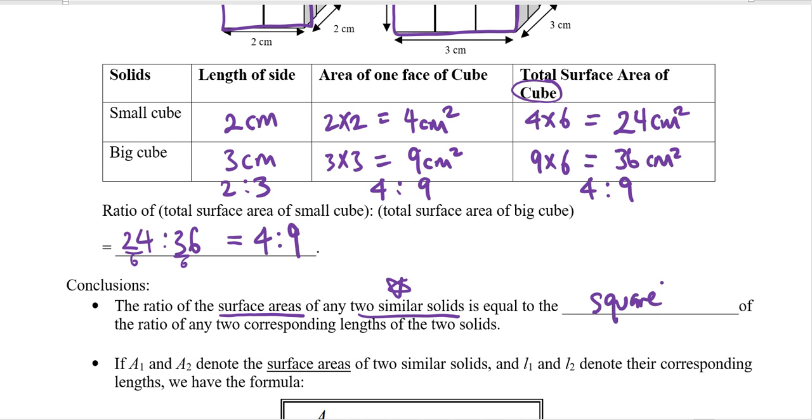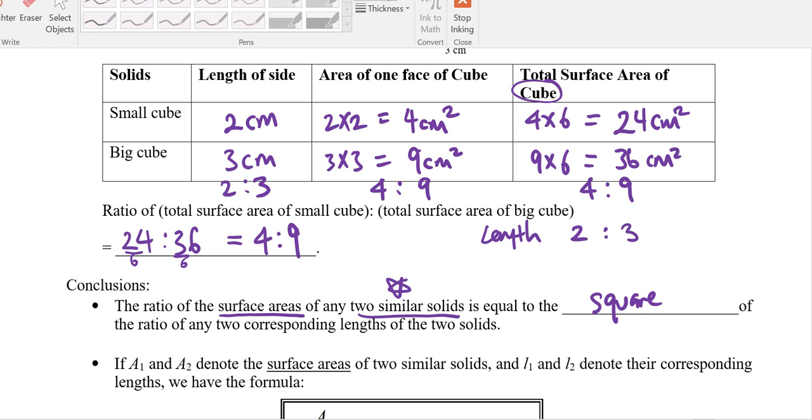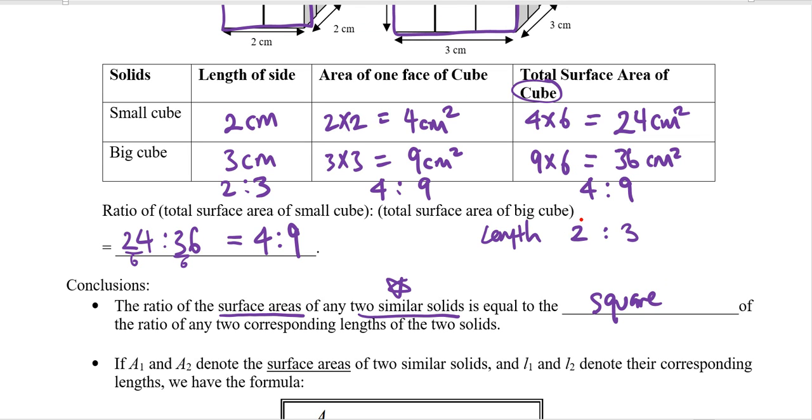So what it means is that if you look at the length ratio 2:3, if I were to square both the numbers, I will obtain my area ratio of 4:9. So it doesn't matter whether the area ratio we are talking about is just for one face, a square, or for the entire surface area, as shown in our little inquiry activity at the top.